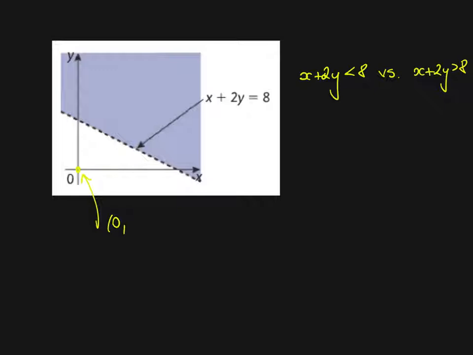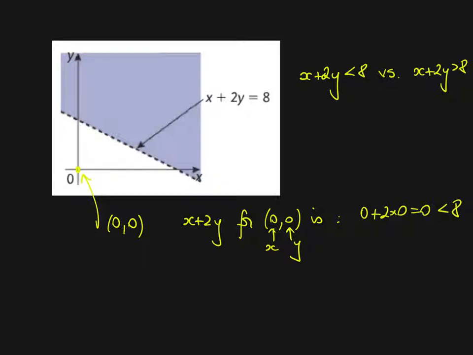For (0, 0), x is 0 and y is 0. So x plus 2y is 0 plus 2 times 0 is 0, which is smaller than 8. Therefore, my answer for this region is x plus 2y smaller than 8.